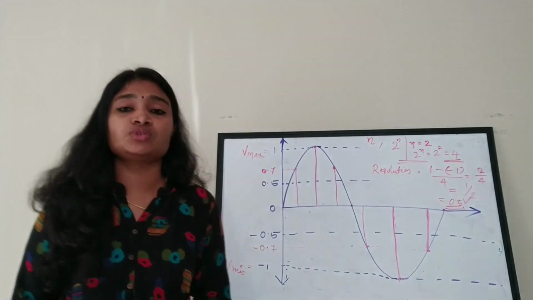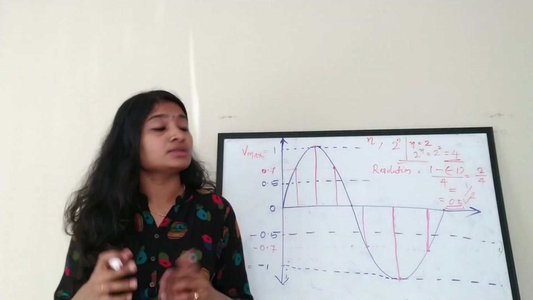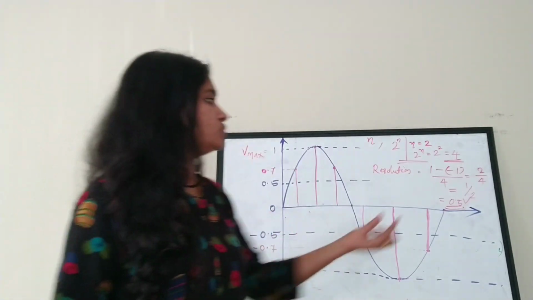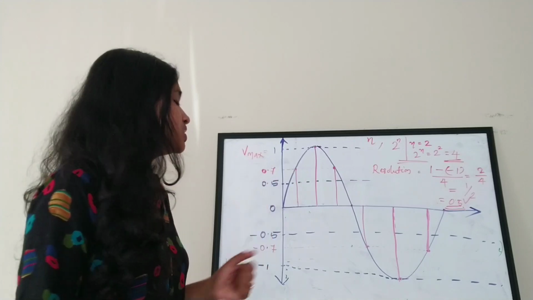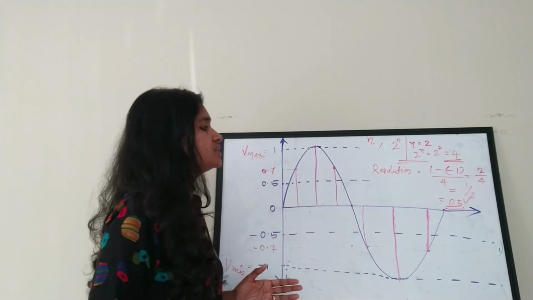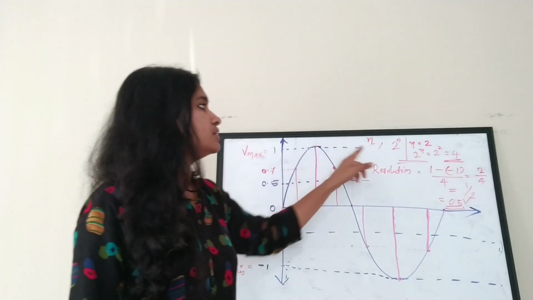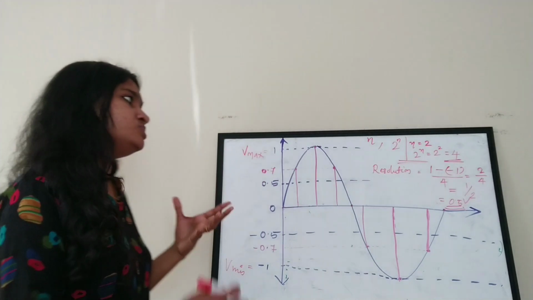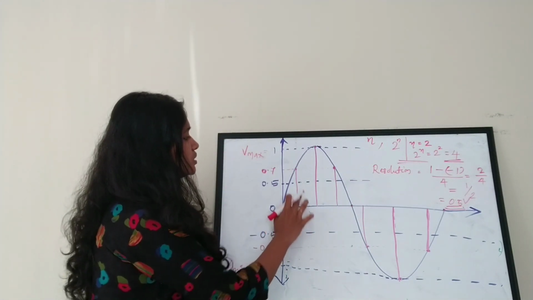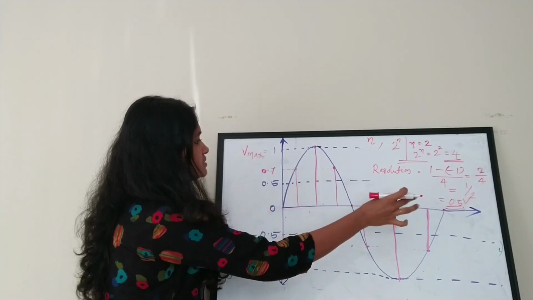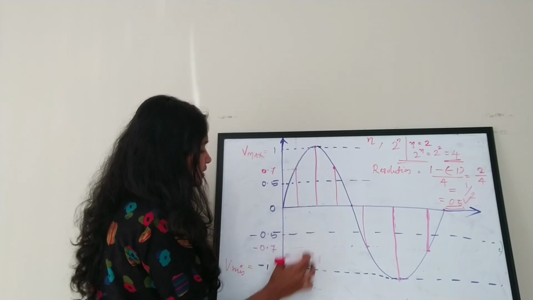So what is actually resolution? Resolution is the minimum change in voltage that the ADC can detect. If the signal is changing by 0.5 volt or more, then the ADC will detect the change. The resolution here is 0.5 volt and I am going to quantize the signal to 4 levels. So I am going to select my quantization levels: 0, then 0.5 because the resolution is 0.5, then minus 0.5 and minus 1.